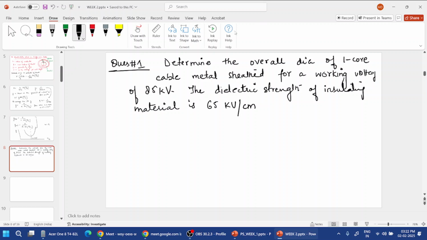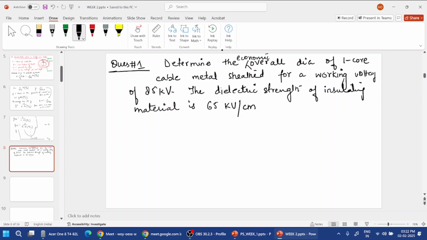Here, one of the most important things is that we have to calculate the economic overall diameter. For economic operation, I will solve it for you.